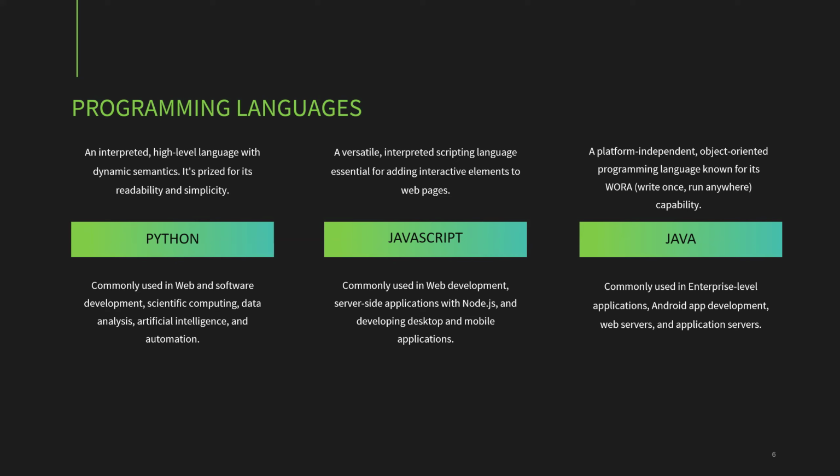For example, the hacking that has happened at a lot of airports around the world or at banks is most commonly a Java hacking. It's commonly used at the enterprise level, that's why I said banks. It's also used in Android apps because Google chose Java as the language for the Android environment. Web servers and application servers are more technical things that you understand once you start coding.